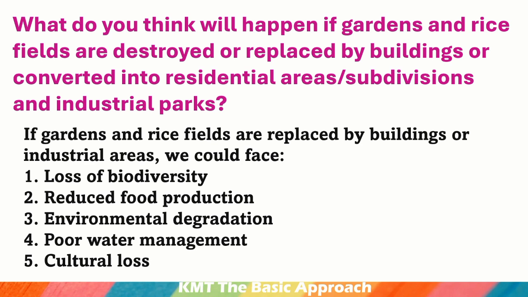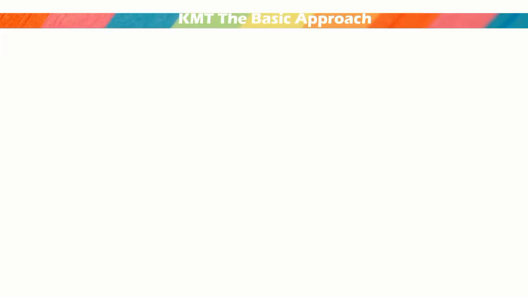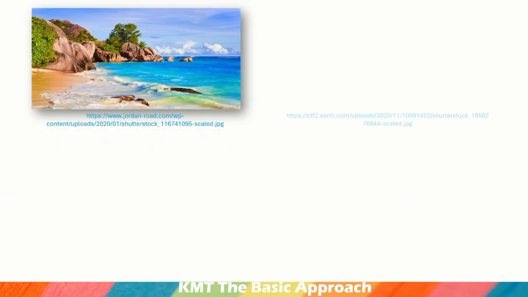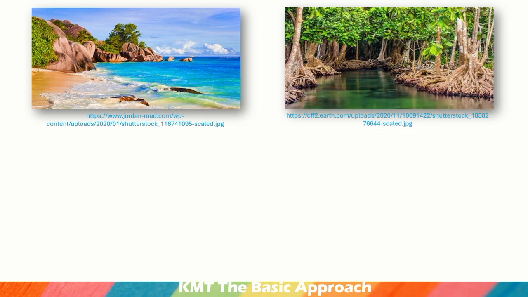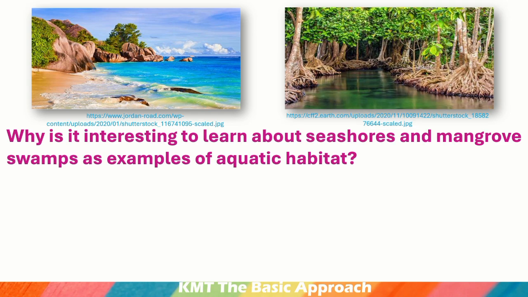Number 4, poor water management, and number 5, cultural loss. Why is it interesting to learn about seashore and mangrove swamps as examples of aquatic habitat?